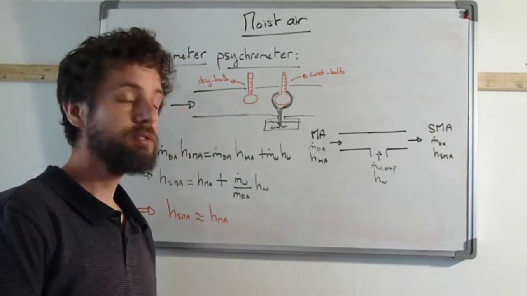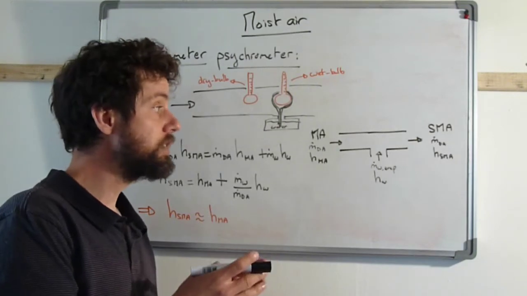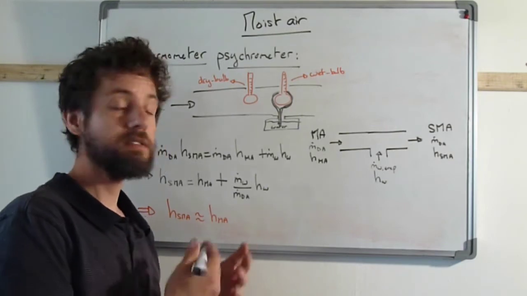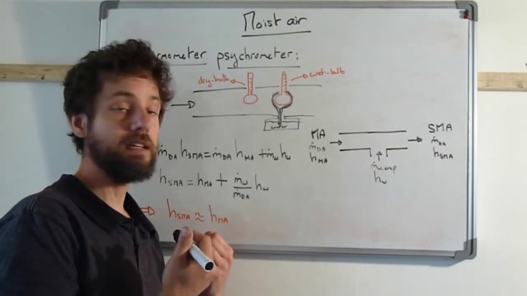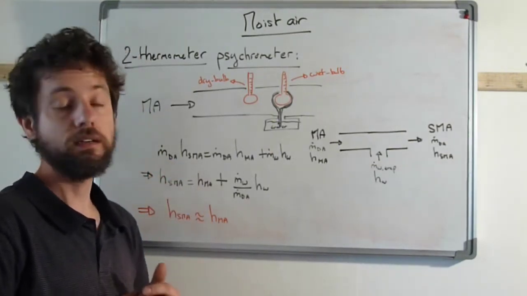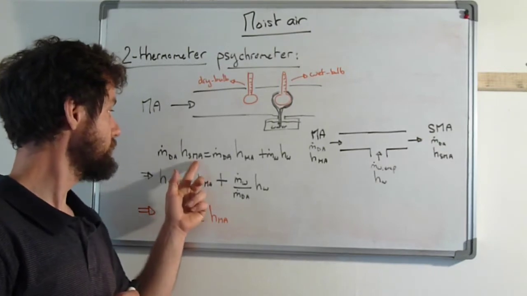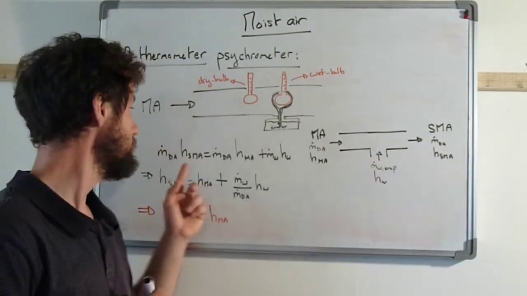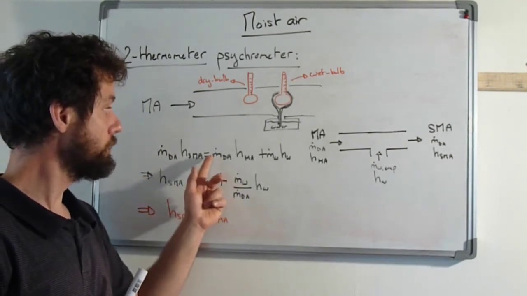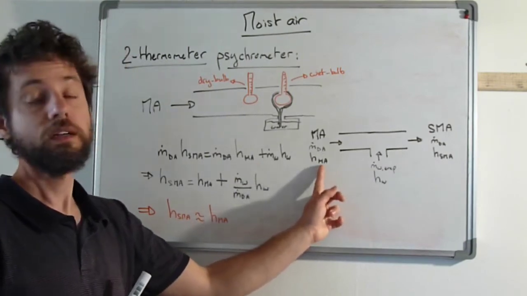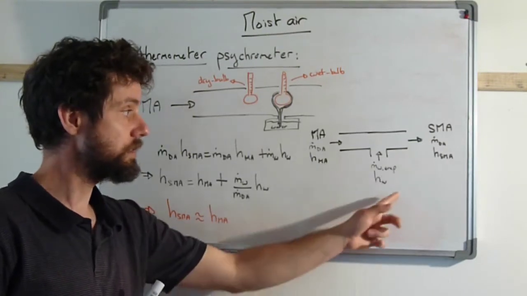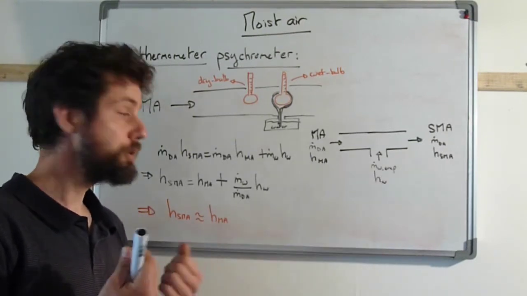Because we have no exchange of energy with the outside, we can write the conservation of the enthalpy flow rate, and this will be written as the product of the specific enthalpy of saturated moist air times the mass flow rate of dry air is equal to the flow rate of enthalpy that comes from the moist air plus the flow rate of enthalpy that comes from the liquid water.